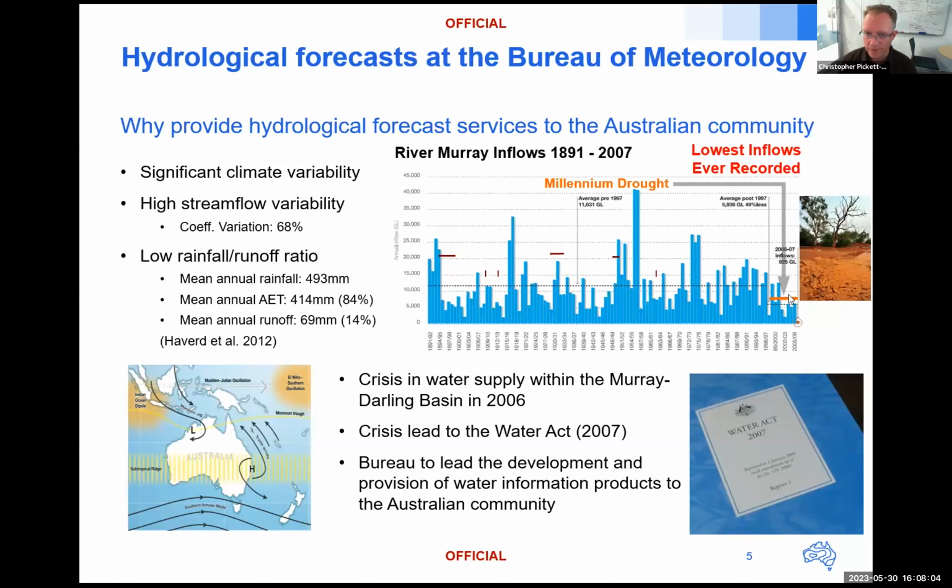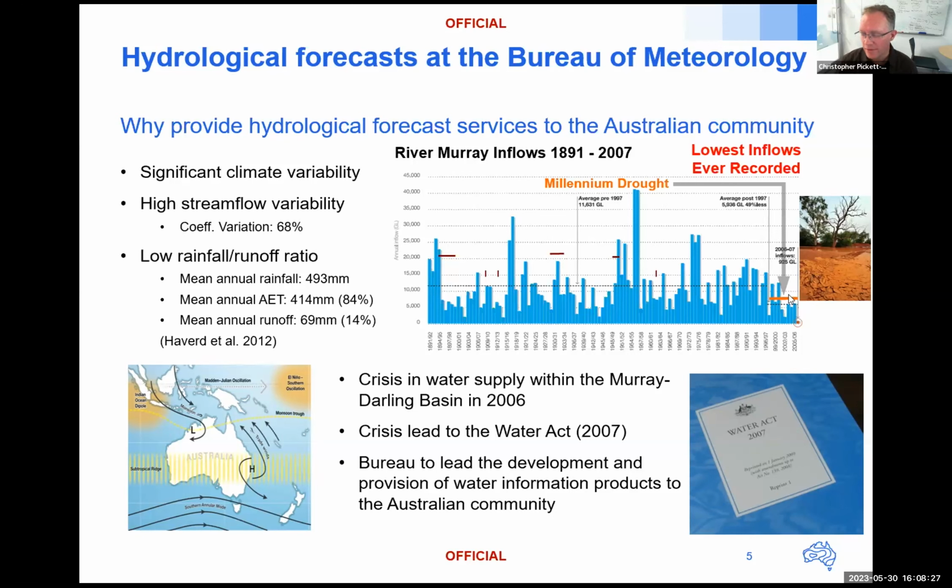Okay, so why do we provide forecast services to the Australian community? We all know, and we're very aware, Australia is significantly impacted by climate variability, and that leads to significant interannual variations in water availability, very high variability in stream flow. In addition, if you exclude Antarctica, it's the driest continent on Earth.